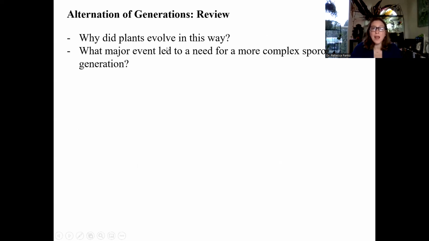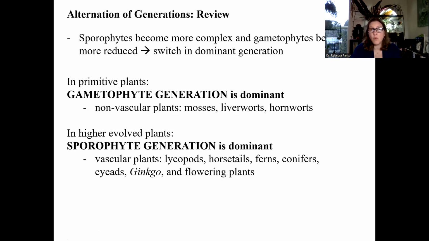So why is this? Is how your brain can be thinking, right? Why do we go from this? If we still have mosses, liverworts, and hornworts today on Earth, living right now in Newark, in New York, in Michigan, right? So that system works. So what's the point of evolving to have your sporophyte generation be the dominant generation?